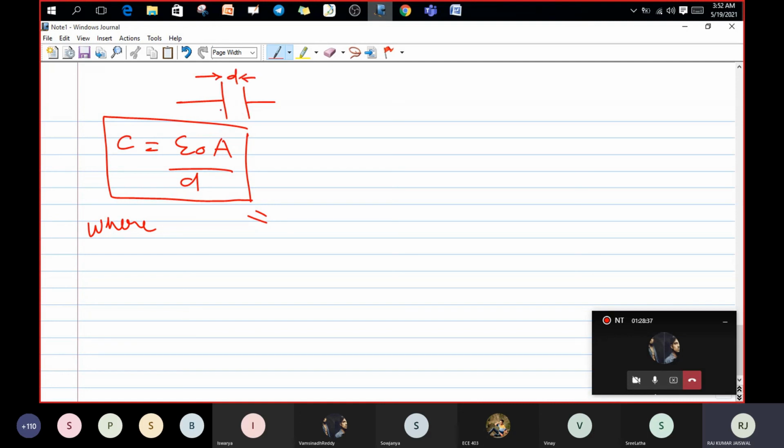A is nothing but the area of that. I think there is no need to elaborate this, because you are already familiar with all those things. Cross-sectional area of the parallel plate.